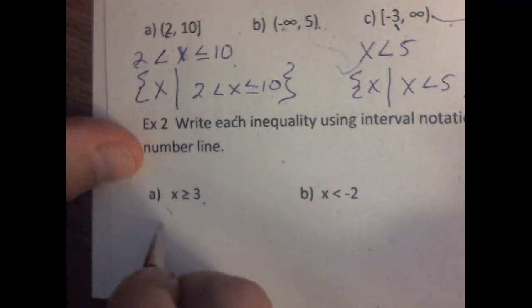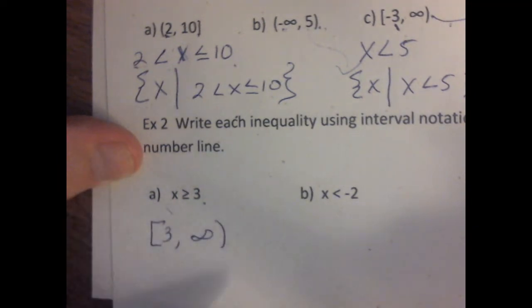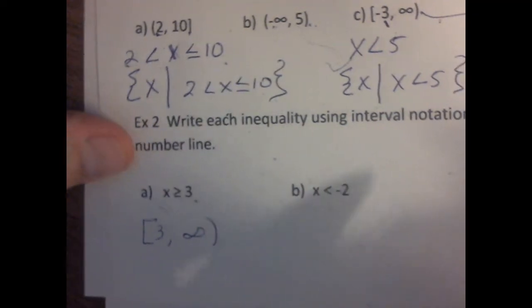I go from smaller number to larger number, so that would be 3 to infinity. I use the bracket because the 3 is included, and infinity always has parentheses because there's no end, so you don't have an ending point.